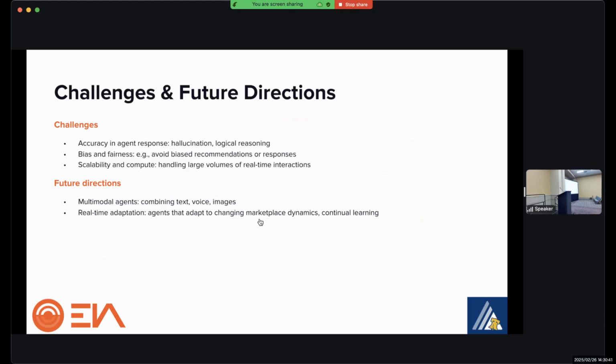So challenges and future directions. Although there has been a lot of advancement in large language models and development of LLM-based agents, there are still several long-standing challenges. First of all, the accuracy in agent response, which is hampered by hallucination in large language models.